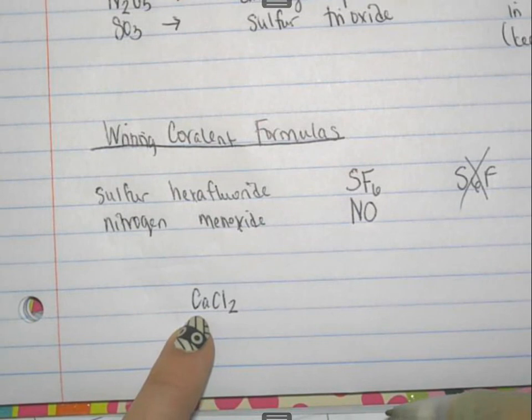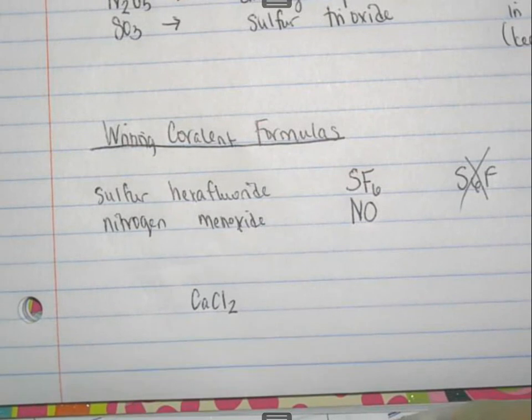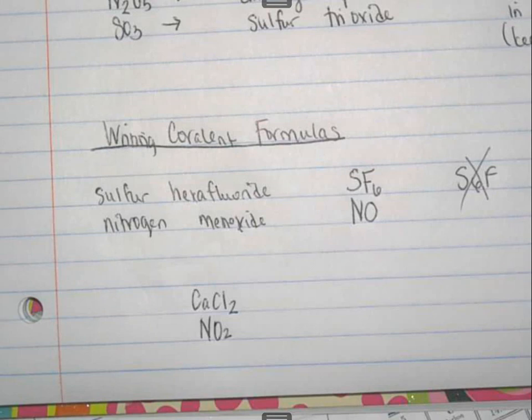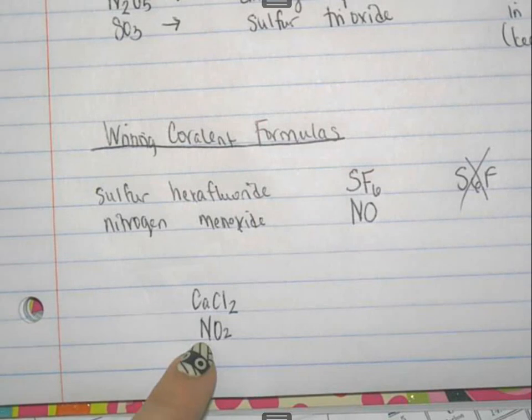I follow the first set of rules that I learned how to do. And then if I see something like this, NO2, what's the first element? Metal or non-metal? When it's a non-metal, prefix all the way.